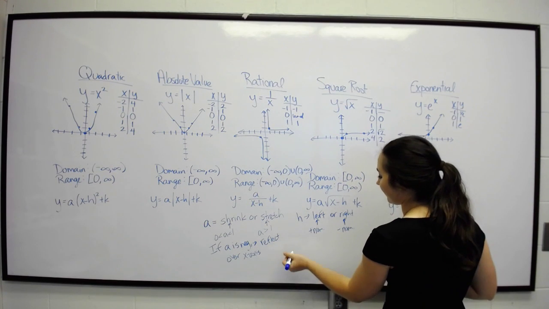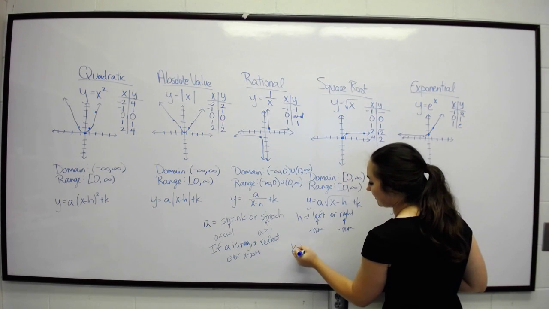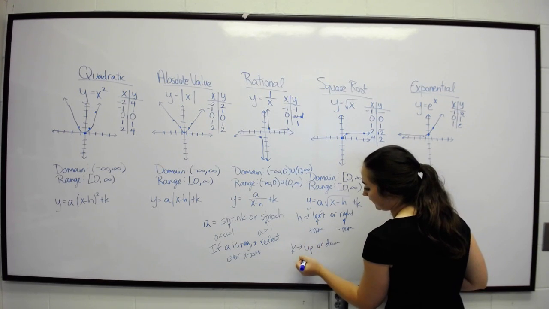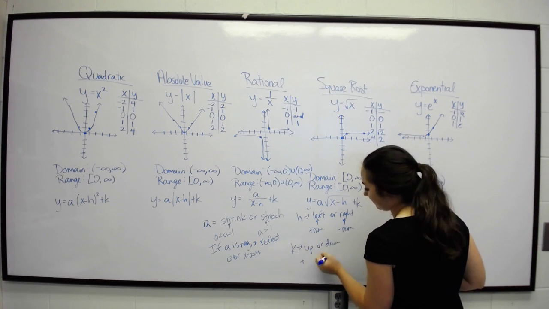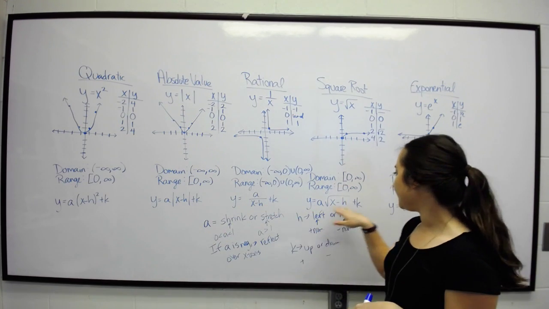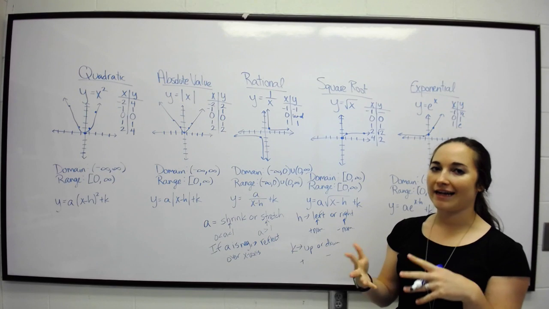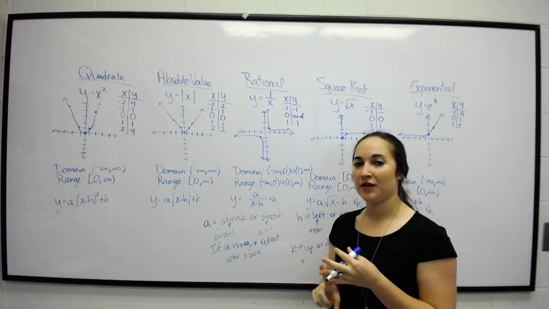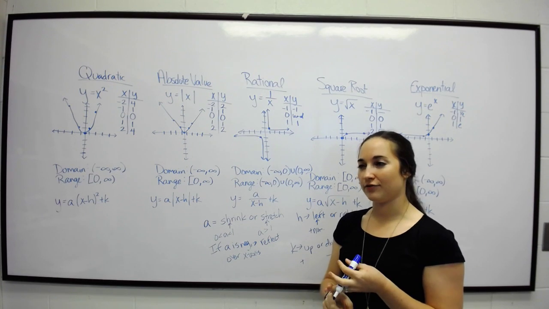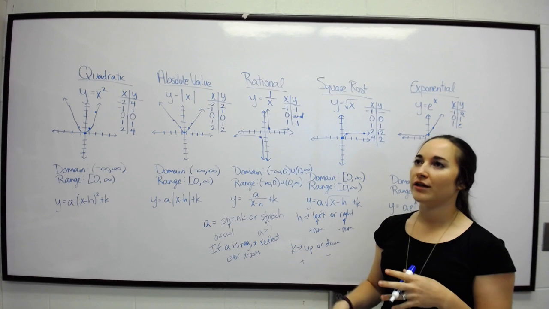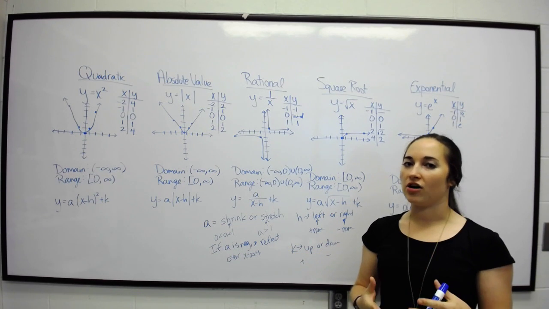Okay, we have a k, that's going to move us up or down. If it's a positive, we're going to be going up. If it's negative, we're going to be going down. So what I would suggest that you do is that you practice doing some transformations of functions using a graphing calculator or an online graphing software, and just play around and figure out what transformations are doing all the time.